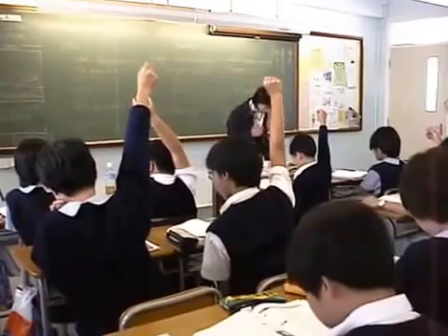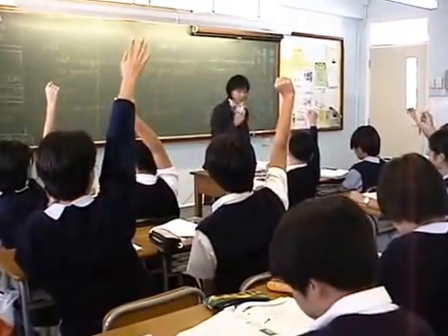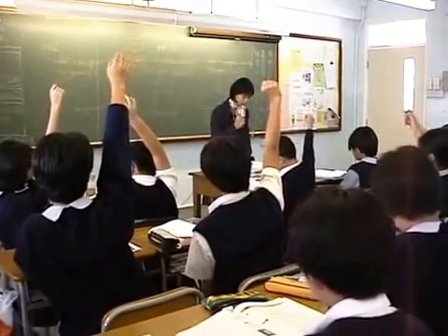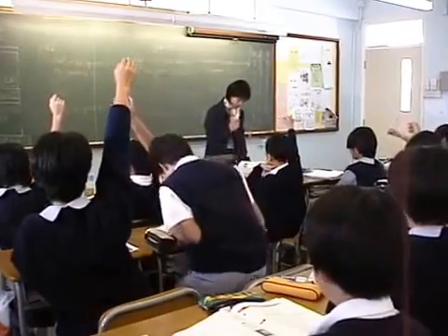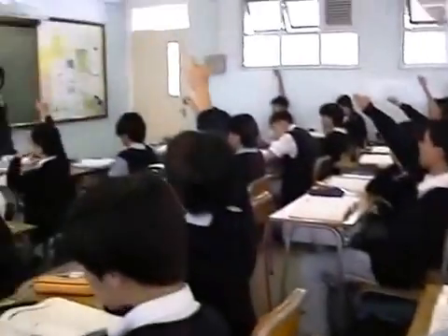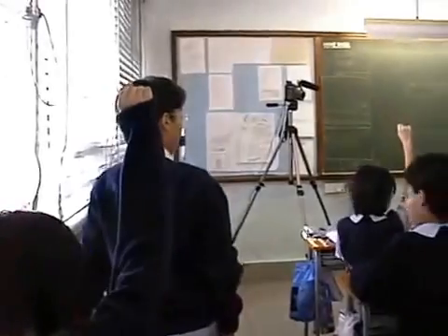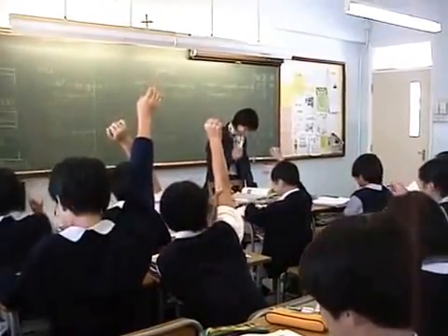And then part D, the square root of 196. So the answer is 14, yes. Okay, part E, what is the answer? 17. Next. Part F, so the answer is 20, yes.